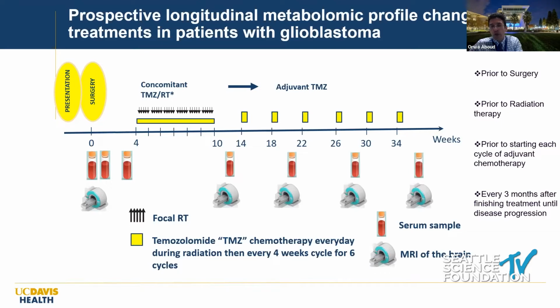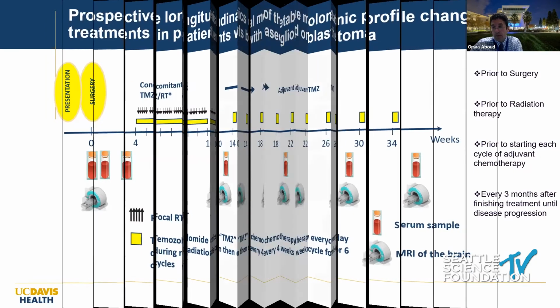We are asking two different questions. The first question is: are there any changes in the metabolites longitudinally in the same patients before their surgery, after the surgery, and during their treatment? Whether any of these metabolites will be able to guide us regarding the response to treatment and detection of recurrence of the disease.